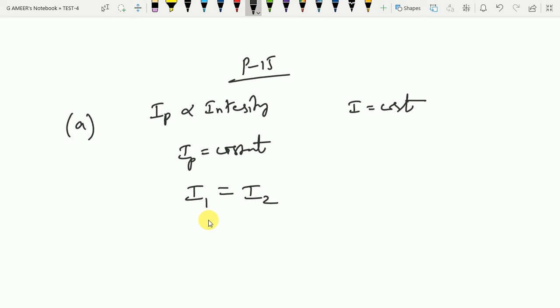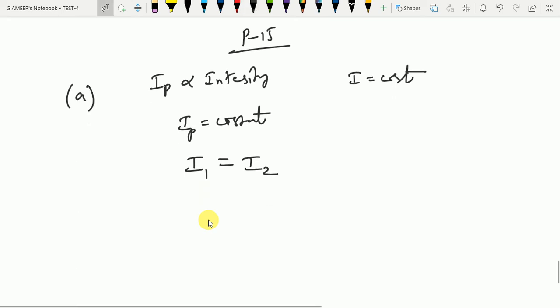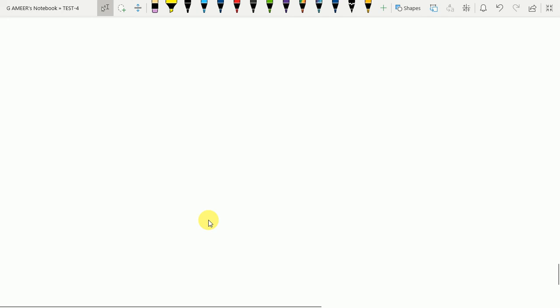So let us go for the next question, that is P16. What they have given here: monochromatic radiation emitted when an electron in a hydrogen atom jumps from the first excited state to the ground state irradiates a photosensitive material.